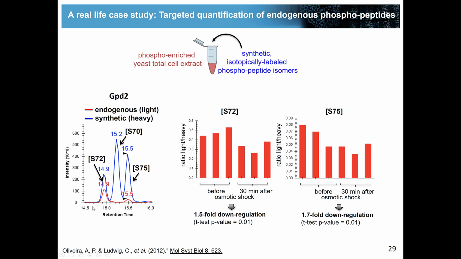And you can see very beautifully that I only got coelution and matching fragment ion intensities with 2 out of the 3 phosphopeptides, namely with serine 72 and serine 75. And we did this then in replicates before and after the osmotic shock, and we found a slight but significant downregulation of both of these phosphosites.